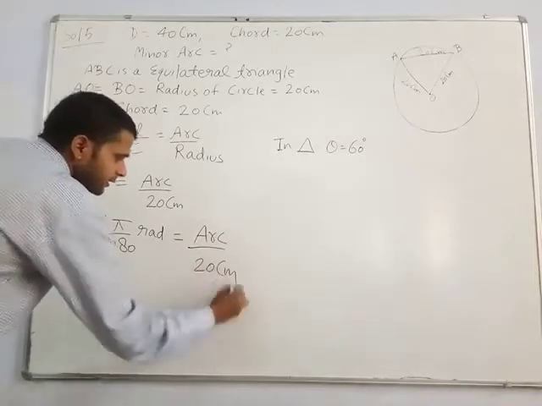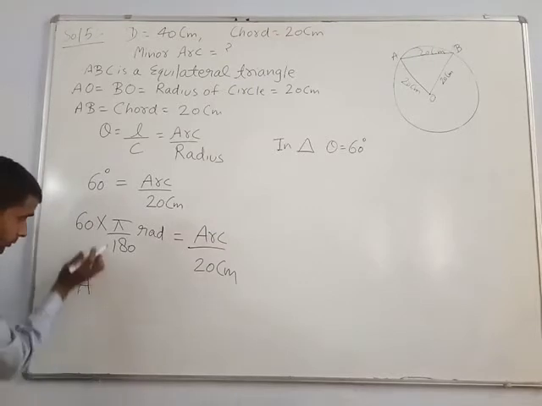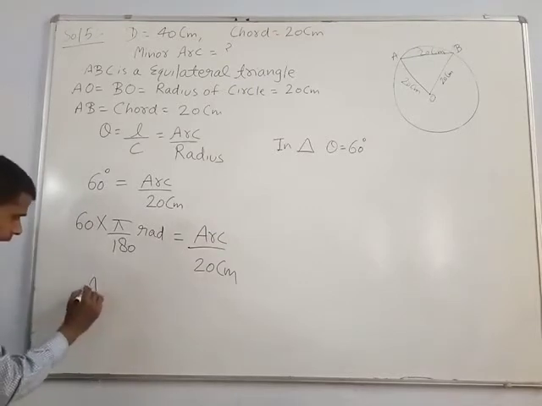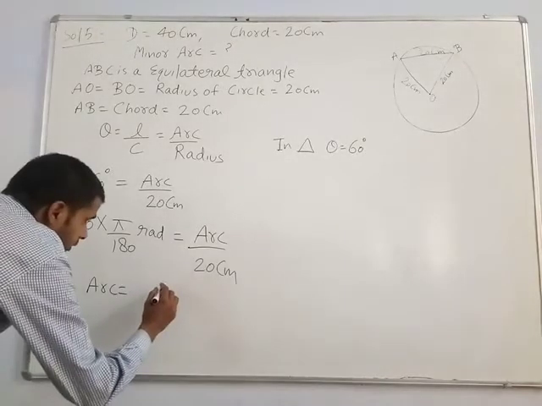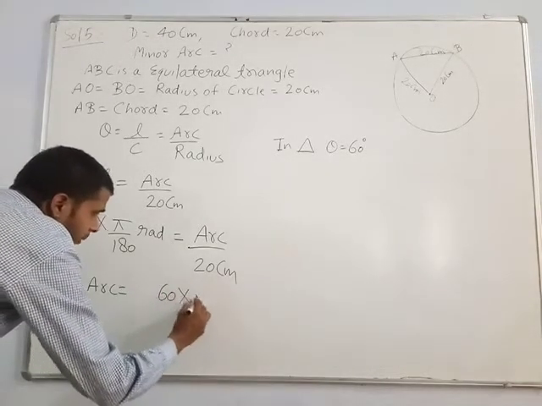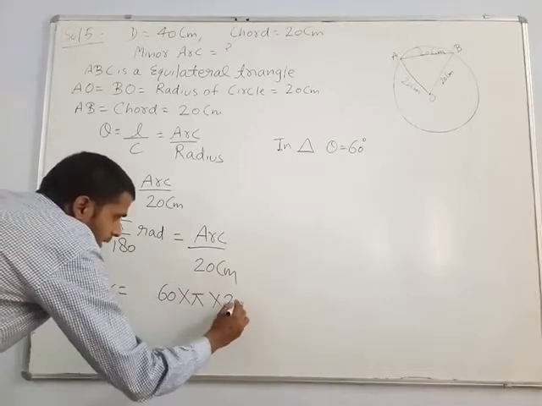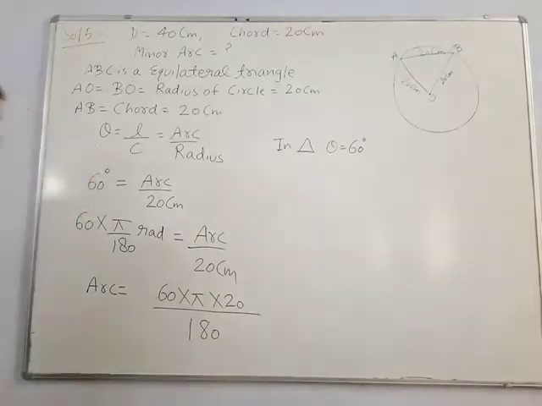It equals arc upon 20 centimeter. So arc equals 60 multiplied by pi multiplied by 20 upon 180.